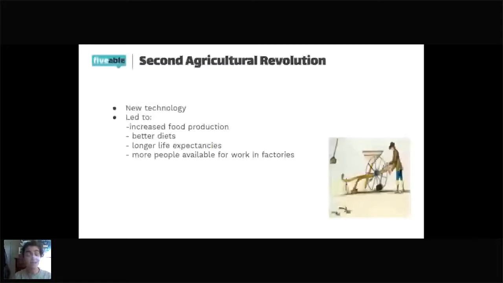Because people started working in other fields of the economy, not just farming, there was a shift. I believe this is covered in APHUG. There's a shift in population where many people moved from the rural areas to the inner cities in search of work opportunities.